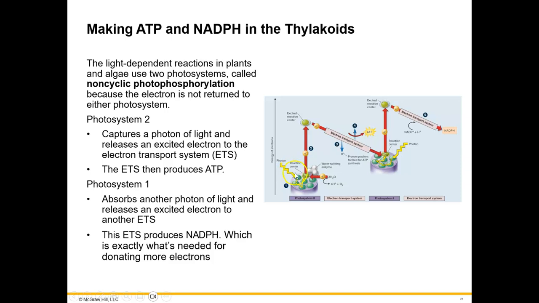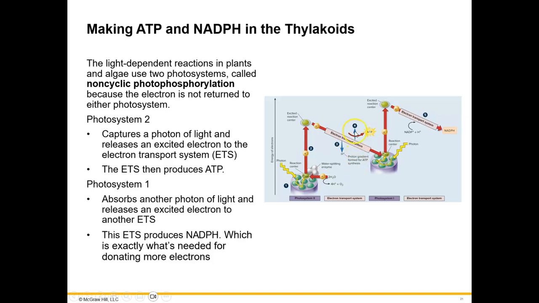That's photosystem 2. Then our energized electron is passing through the electron transport system, and that flow is also creating a proton gradient to form a higher concentration of hydrogen ions inside the thylakoid space. As a result of that high concentration of hydrogen ions in the thylakoid space, we have hydrogens that are being pumped out of our ATP synthase channel.